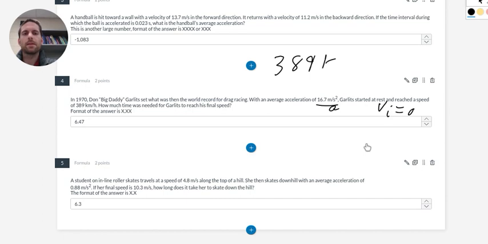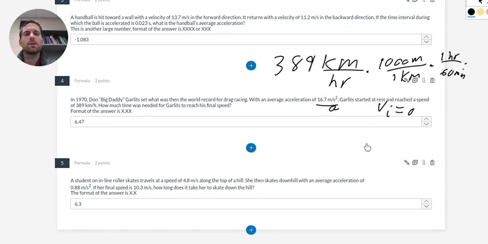So 389 kilometers per hour. First, I'll convert to meters. So 1,000 meters is in 1 kilometer. And then I'll convert to seconds. So 1 hour is 60 minutes. And then 1 minute is 60 seconds. Well, I cut off the page there, but it's okay, I'll just go this way.